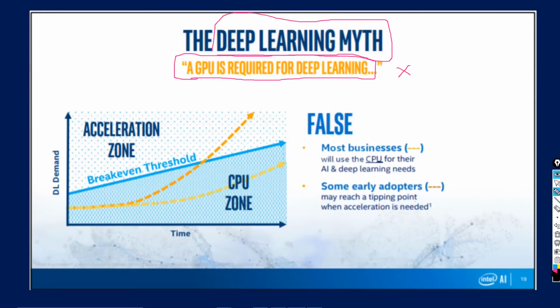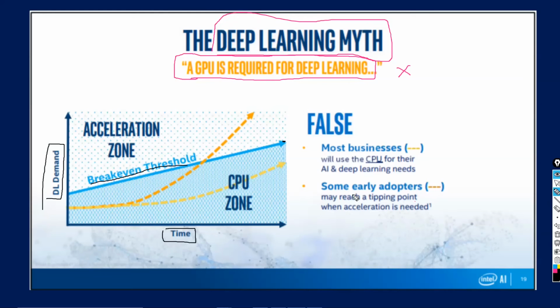Then I tried to understand what Intel is trying to say. So I tried to explore the tools, and Intel says that they have this curve which has time on the x-axis, and deep learning demand on the y-axis. Then there is a break-even threshold, which is set here using a blue line. And then there are two specific opportunities.